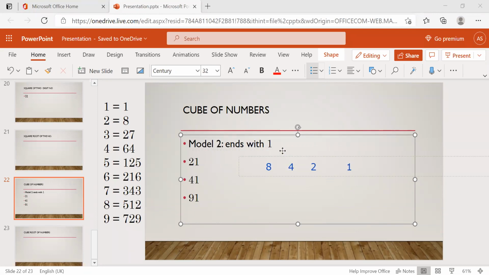See what I write: 1 here, 2 here, and 2 square is 4, and 2 cube is 8. From the right hand side, this way I written 1 here and 2 here and 2 square 4 here, then 2 cube 8 here. So I got 4 digits, right?